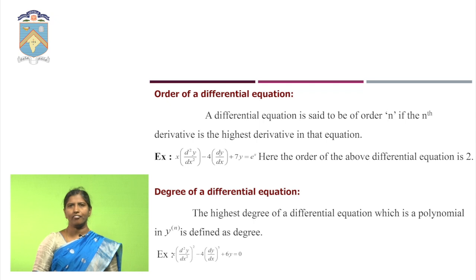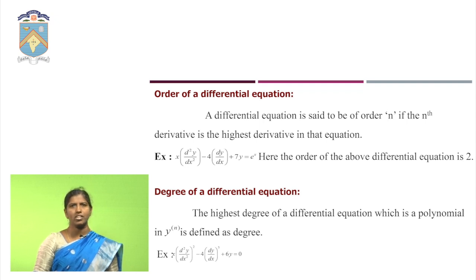So, what is meant by the order of a differential equation? A differential equation is said to be of order n if the nth derivative is the highest derivative in that equation. We will be taking a differential equation; for that, we will be having orders, that means d square y by dx square, dy by dx. An equation will be of the form d square y by dx square minus 4 into dy by dx plus 7y is equal to e power x.